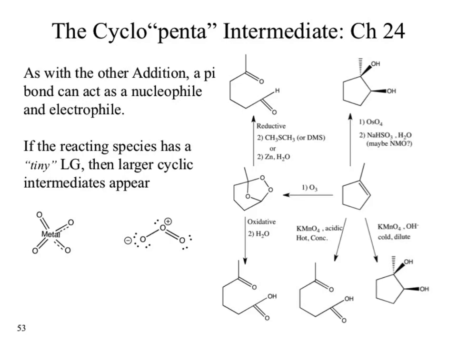So when we look at, first and foremost, our ozone, our permanganates, and our osmium tetroxide, really what we've got is a metal surrounded by oxygen, or we have ozone. In both of those cases, really what we're evaluating is the same basic structure. What charge do most metals have? Partial positive.